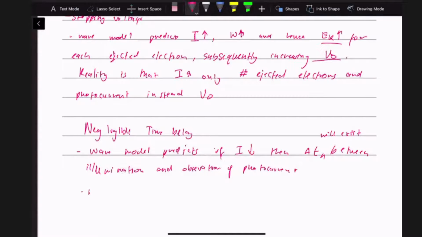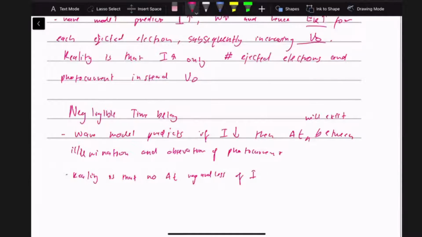But in reality, the experiments showed that there is no delta T regardless of I. So the last point was that another thing the wave model said is that there'll be a bit of delay if the intensity is lowered to a certain point.